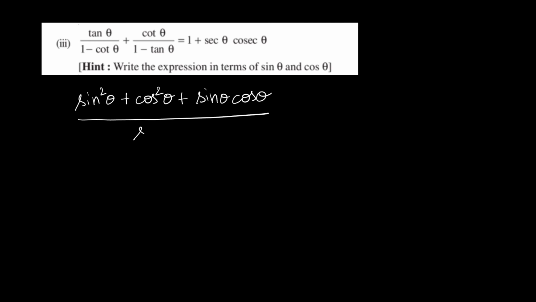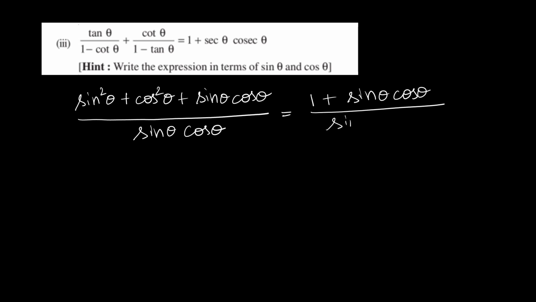What we got last: sin square theta plus cos square theta plus sin theta cos theta by sin theta cos theta. Now sin square theta plus cos square theta is 1, right? 1 plus sin theta cos theta by sin theta cos theta.